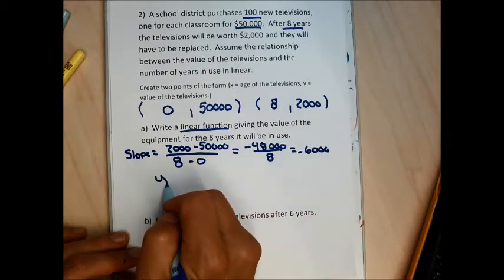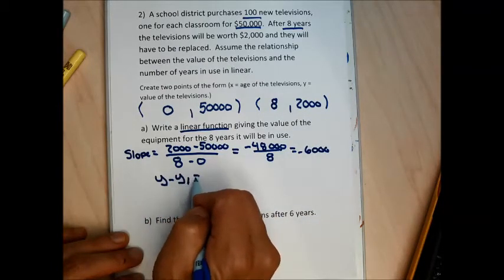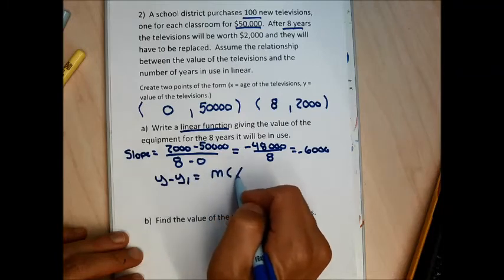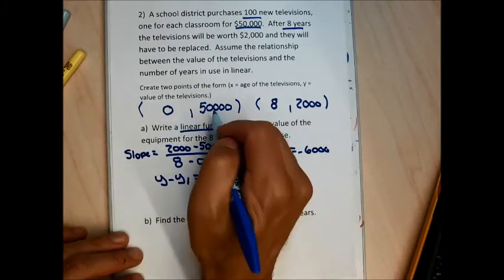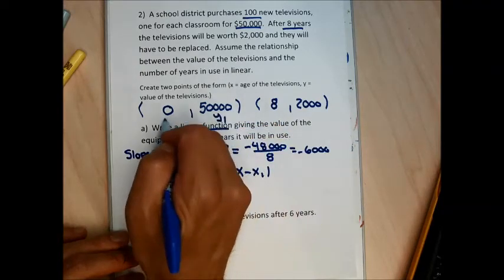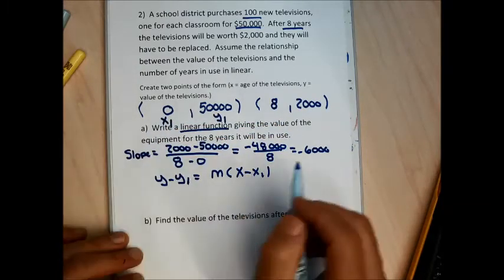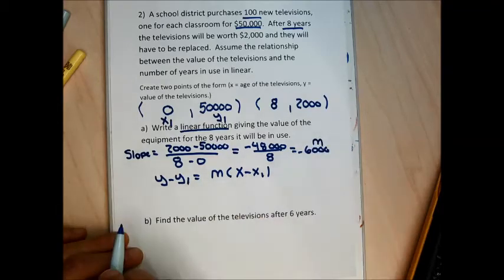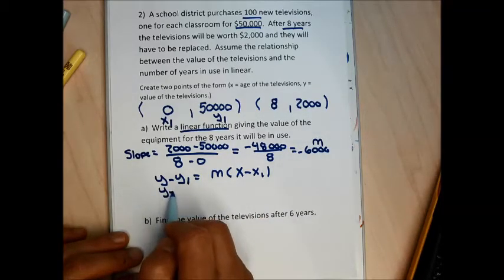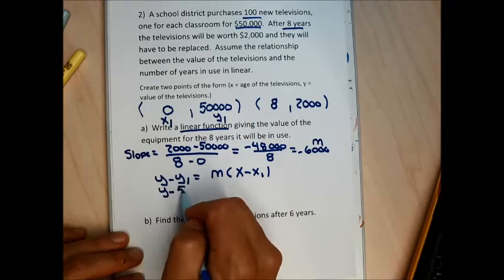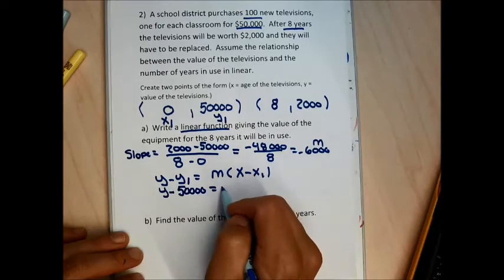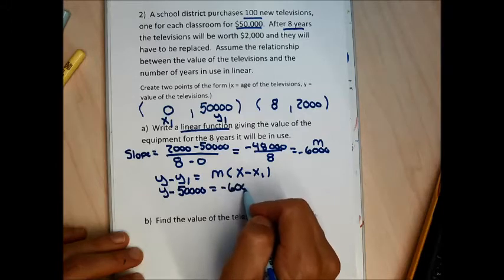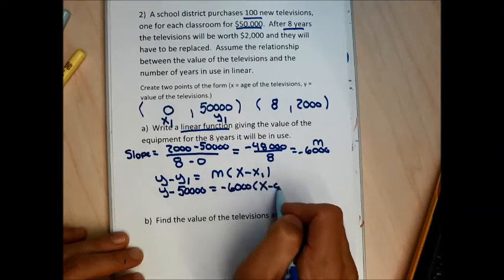Next, I'm going to use the y minus y1 equals m times x minus x1 formula. And in for the y1, I'm going to use 50,000. And in for the x1, I'm going to use 0. And in for the m, I'm going to use minus 6,000. So I'm going to go y minus 50,000 equals m, which is minus 6,000, times x minus 0.